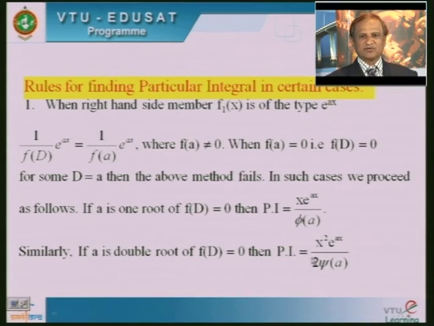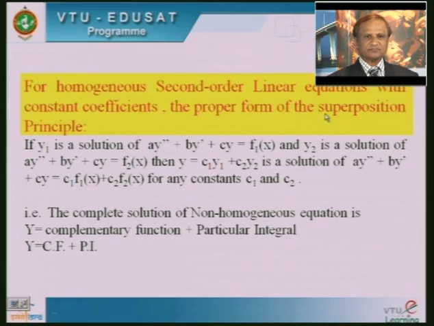It is very simple: x square into e raised to ax divided by 2 times of some function of a. Again it is a constant, 2 into some function of a is a constant. So by using these rules, we are now able to find a particular integral in case of e to the power ax. Is it clear?